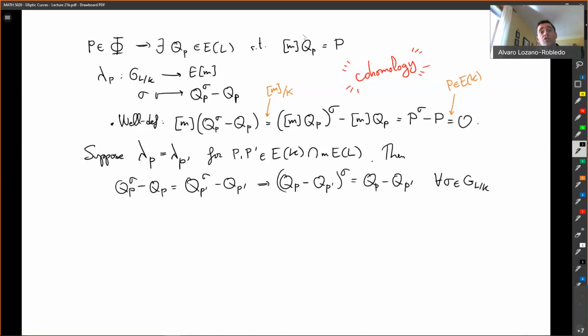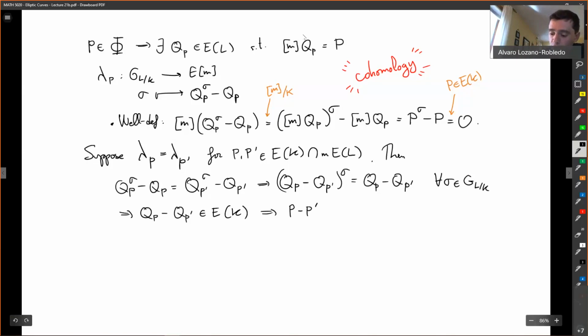But if this happens for all sigma, by Galois theory, the only things that are fixed by every automorphism are the things that are in the base field. So this proves that QP minus QP prime would be in the base field, and therefore P minus P prime, which is MQP minus MQP prime, is in fact not just in, let me actually write one more.